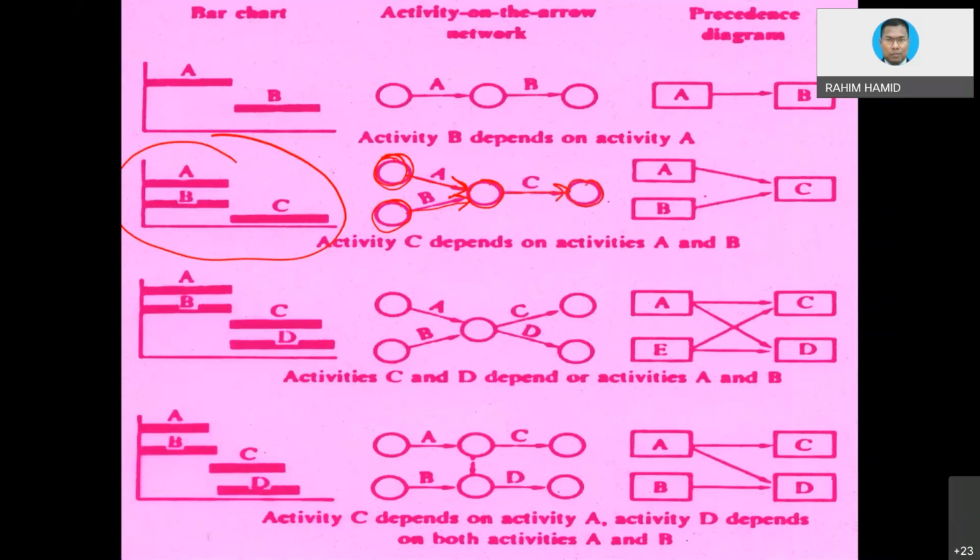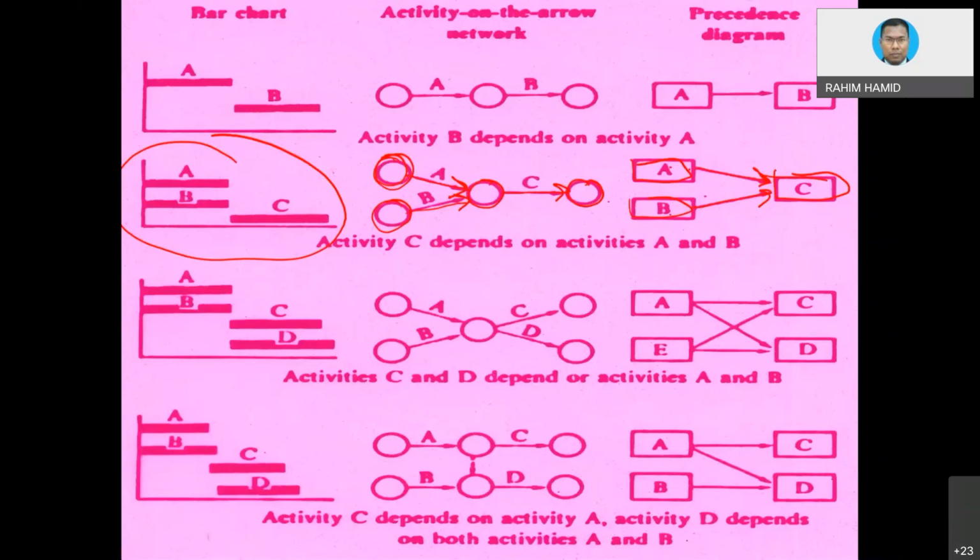So how do we draw it in terms of a precedence diagram or AON diagram? We already know that there are three activities, A, B, and C. But now, in order to show the correct relationship, we use arrows that indicate A and B will start according to whatever time. But the most important thing is, when A and B are completed, then only C can start.